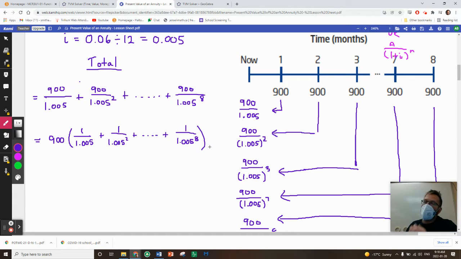No way around it. It's not a nice calculation, which is why we're doing a simple problem first. But as I said, it's the last one we'll do. I'll suffer along with you guys. Let's do it. So I can just do this all in one step on my calculator. Or you can do 1 divided by 1.005, get your answer, and then add 1 divided by 1.005 squared.